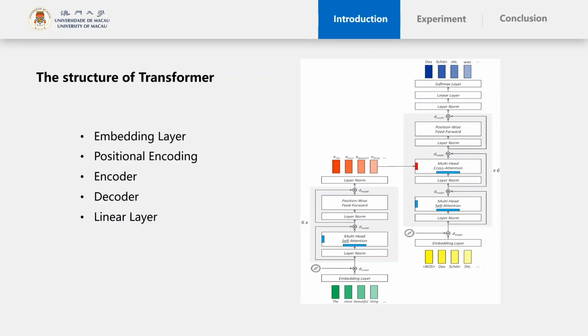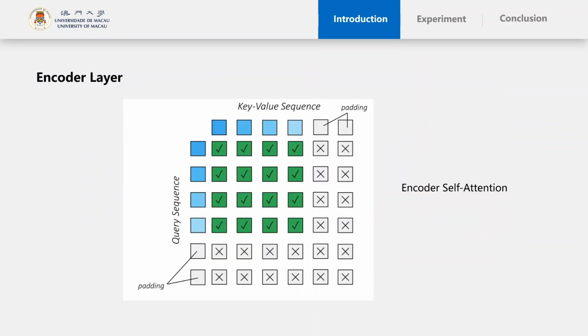Then the encoder makes correlations between the tokens, and the decoder translates the embedding from the encoder, and the linear layer predicts the future translated sentence. The function it uses is the softmax. Then there is the encoder layer.